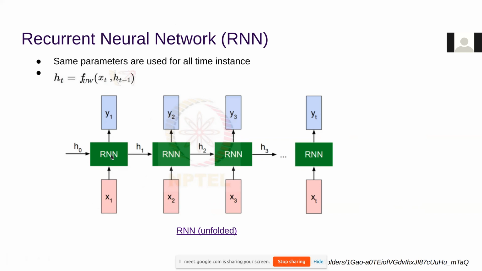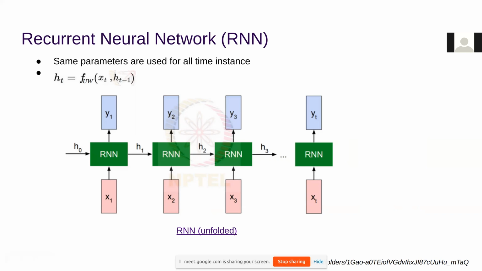So what RNN will do is take x1 as input and predict the output y1. At the same time, it will capture the information about this input at time t equal to 1 in its hidden state represented by h1. At the next time step t equal to 2, it will take the input x2.